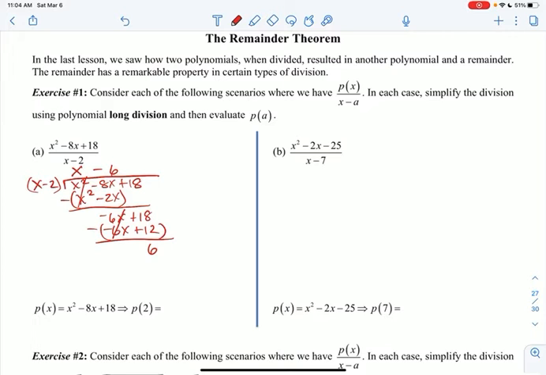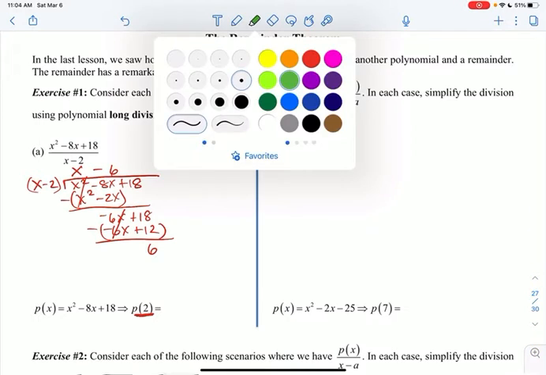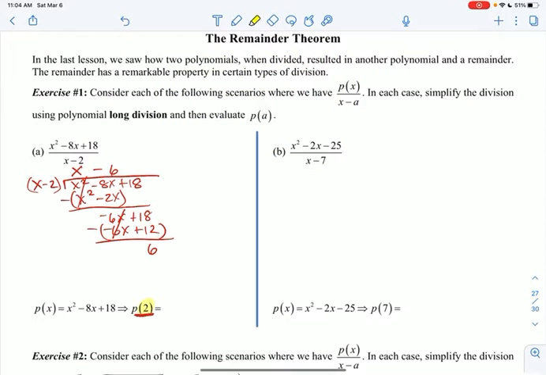So p of x is x squared minus 8x plus 18, and I'm going to evaluate p of 2, which so happens to also be this number right there. So if I evaluate 2, I'm doing 2 squared minus 8 times 2 plus 18.